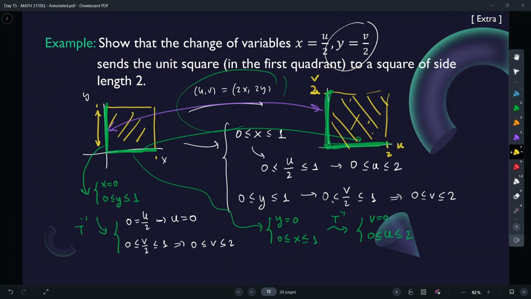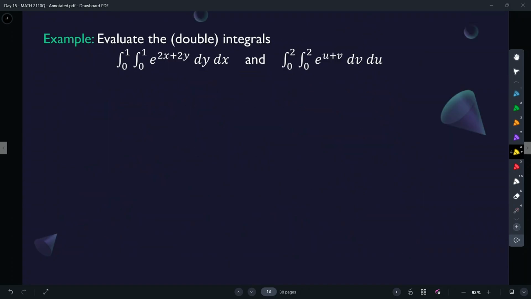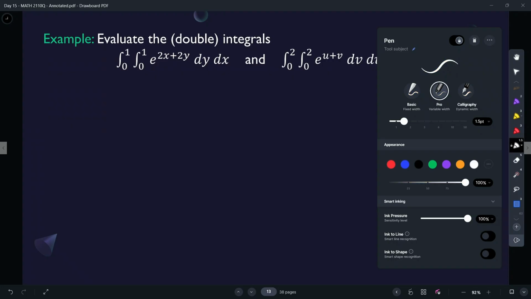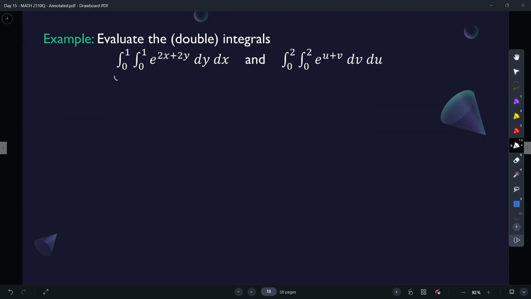Okay? So we're mapping a region to another region, and they are mapped to each other. And now let me compare what happens if I actually do integrals over those two regions. So if I did a change of variables, suppose I want to find this integral, okay?